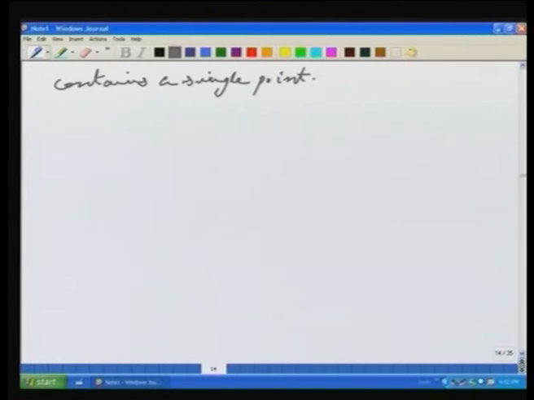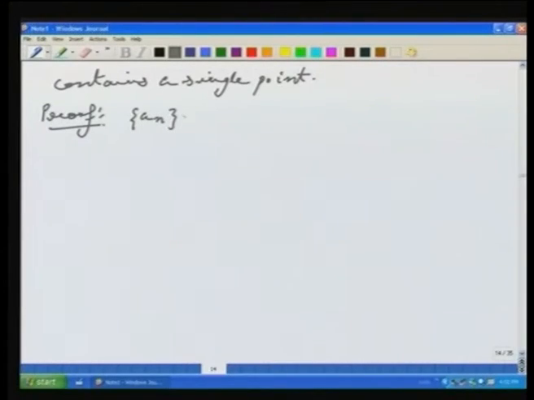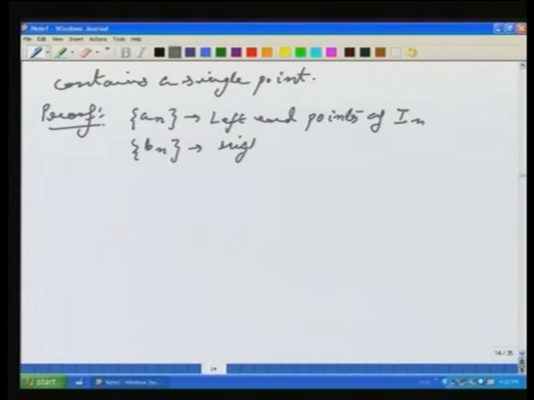Okay. So, let us try to prove this. First, let us consider the sequence a n. This is the left end points of I n. Similarly, I can consider b n's also, that is the right endpoints of I n.